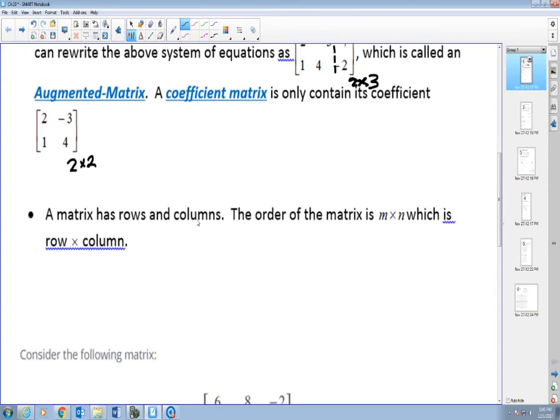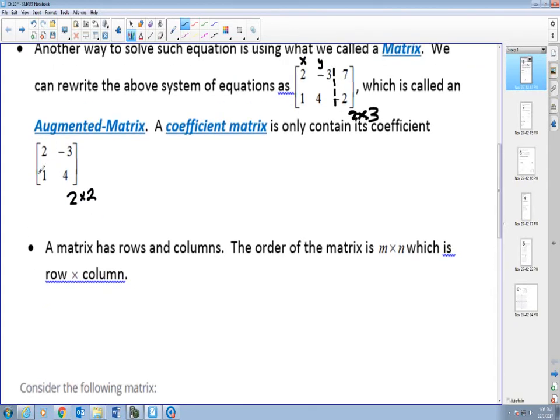Now let's look at the entries of this coefficient matrix. The 2 is located at the first row and first column. Sometimes I call my matrix A, so we use the notation a sub i j for an entry, where i stands for which row and j stands for which column.